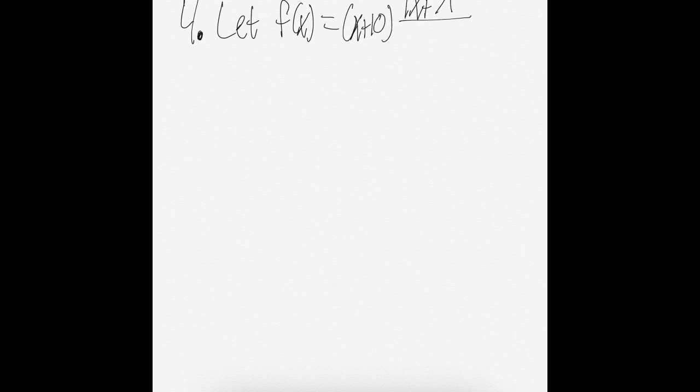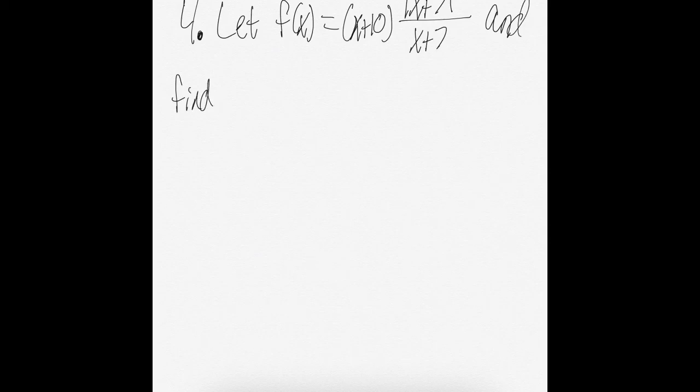The first one is, let me write it this way. Rather than starting with find, let me start with, so let f of x be x plus 10 times the fraction absolute value of x plus 7 over x plus 7.